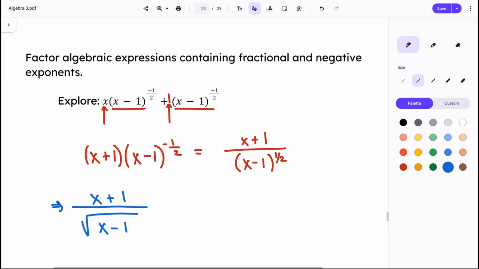Okay? But remember, we can't leave a square root in the bottom like that, so we have to multiply by its conjugate. What we're going to do is multiply the top and the bottom by the square root of x plus 1.